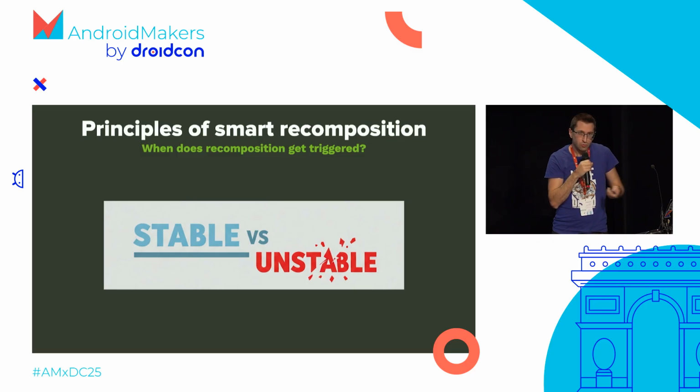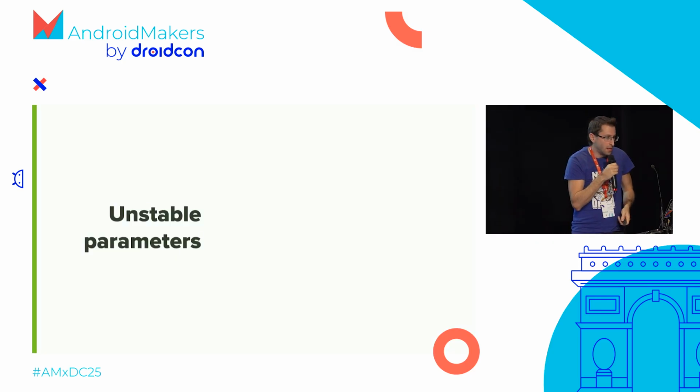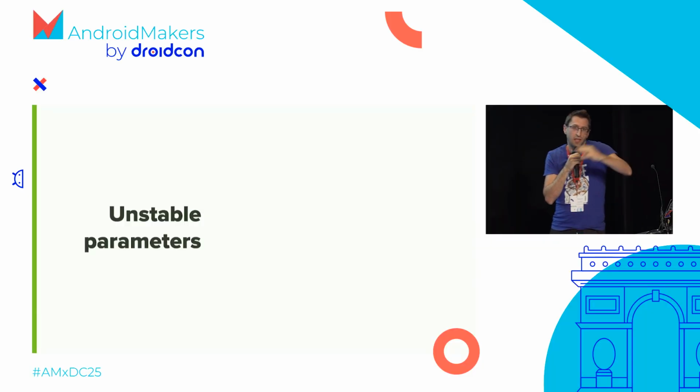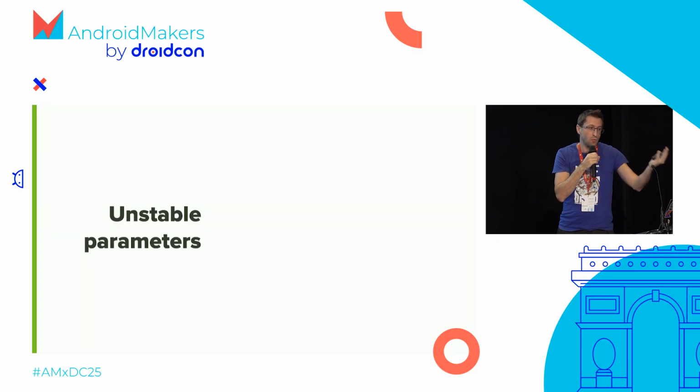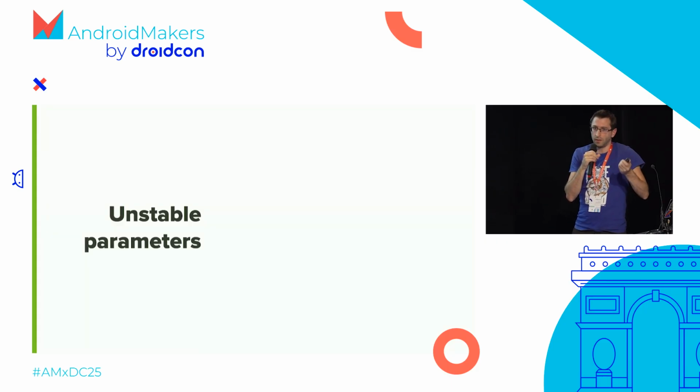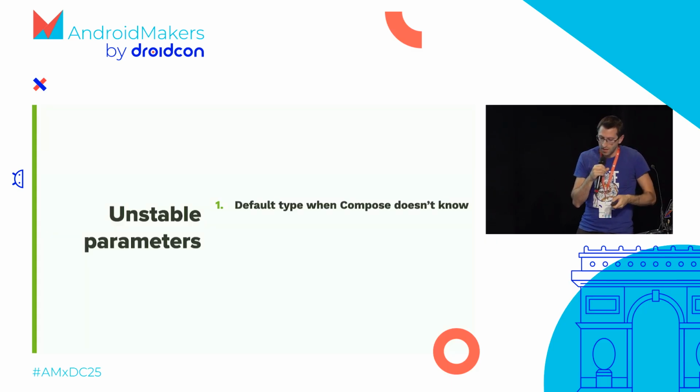All right, let's dig into these stability rules. First, let's look at what happens when a class is marked unstable. Let's hope it's the simple one. When a class is marked unstable, it will get an unstable parameter if you use it in a composable function.